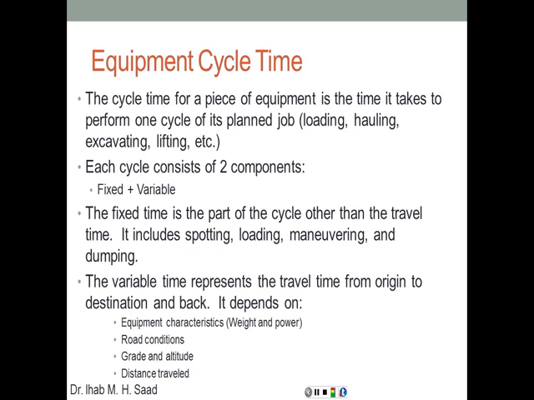Again grade, which is the slope of the road, downhill or uphill, and altitude, as we have discussed in class: the higher from sea level you're working, the thinner the air is going to be, which might affect the efficiency of the engine. And the distance traveled. Of course, the farther the distance, the longer it's going to take to get to and from there, the longer the variable part of the cycle time.